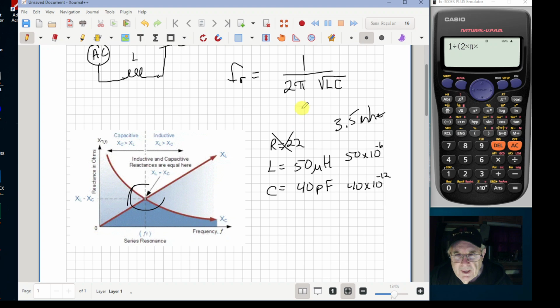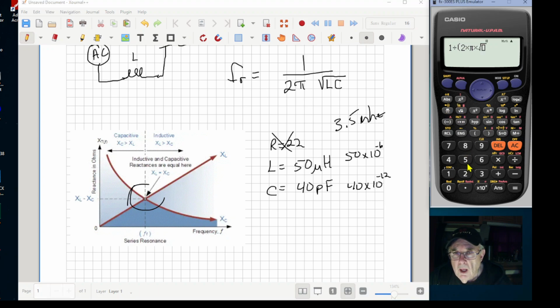Okay. 2 pi times the square root of LC. So you probably caught that already. So 2 pi times the square root of 50 times 10 to the negative 6 times 40 times 10 to the negative 12.